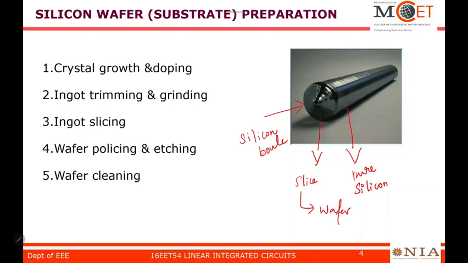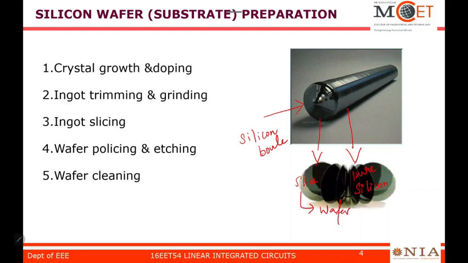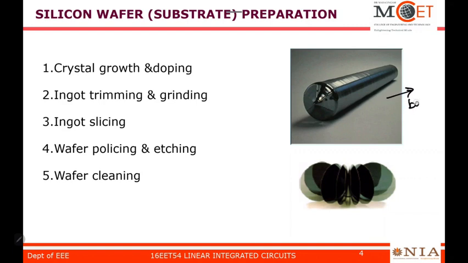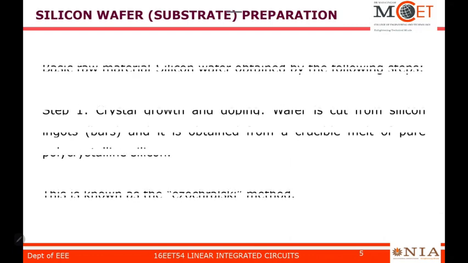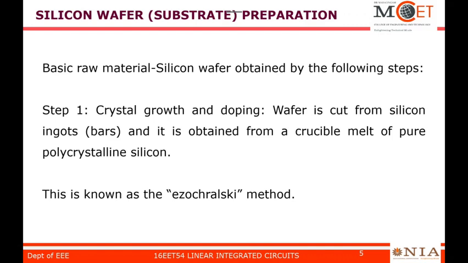We'll show you in the coming slides. This is a silicon boule, and wafers are made by slicing. So how is this wafer being made?